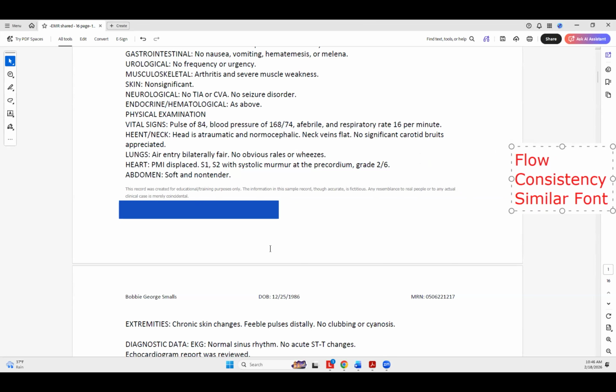Just the second page or third page, whatever page, it was faxed from the hospital. Can you identify that that's a shared EMR? No, you can't.